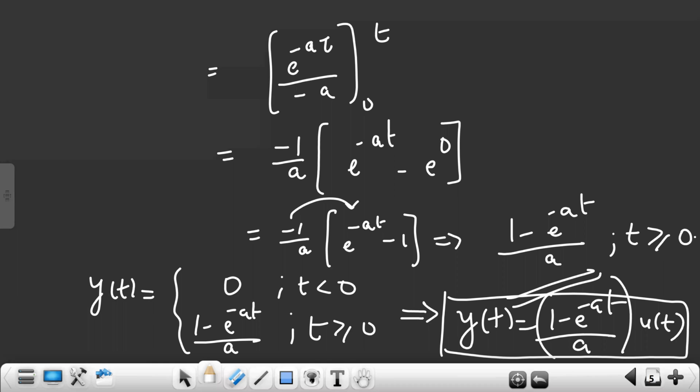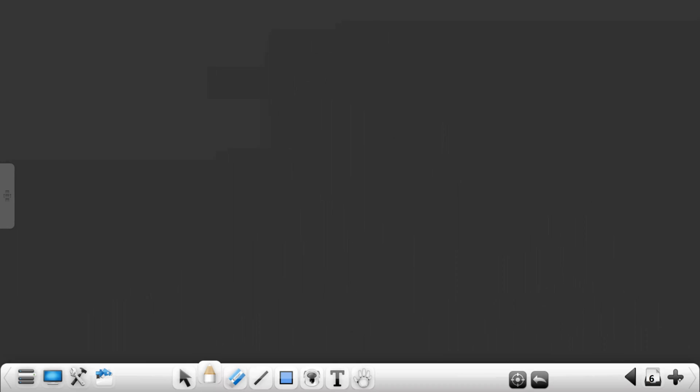Consider an LTI system with impulse response h of t equal to e raised to minus t u of t, and x of t equal to e raised to minus 3t, whole multiplied by u of t minus u of t minus 2.